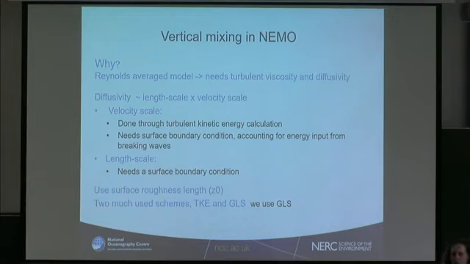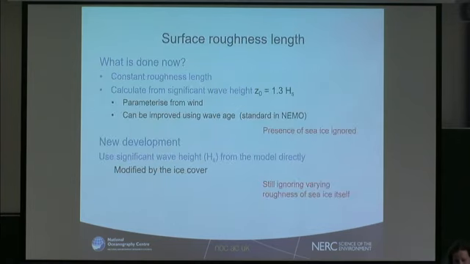What the models use is called the surface roughness length. We'll go further into that on the next slide. Just want to mention for NEMO, there are two mixing schemes that are used a lot, TKE and GLS. We use GLS for this work, and they have different biases in the way they treat surface mixing.